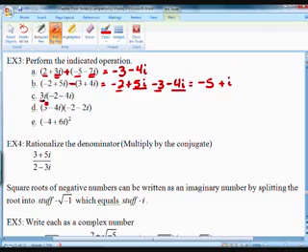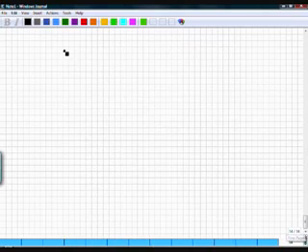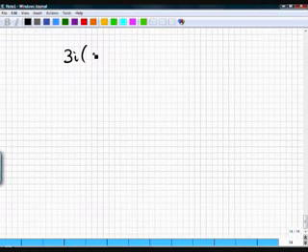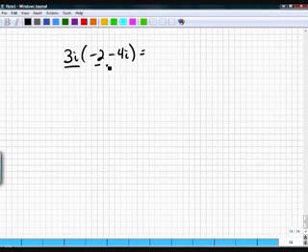Right here you got 3i times, and I'm going to do this on my other sheet. 3i times, because this one's got an extra step, negative 2 minus 4i. Distributive property, 3i times both of them. 3i times negative 2 is negative 6i, and 3i times negative 4i is minus 12i squared. We don't like i squares.